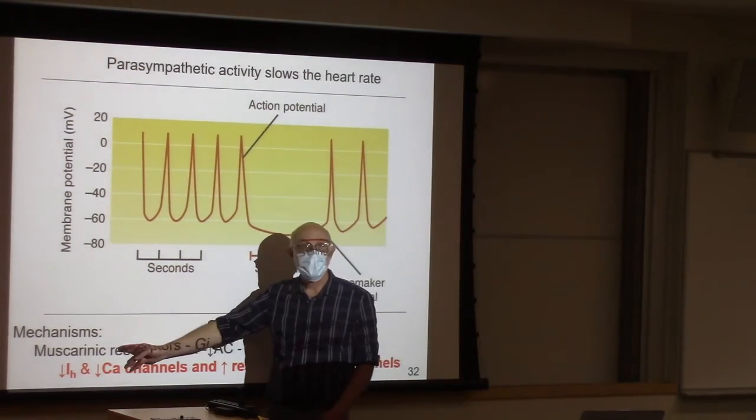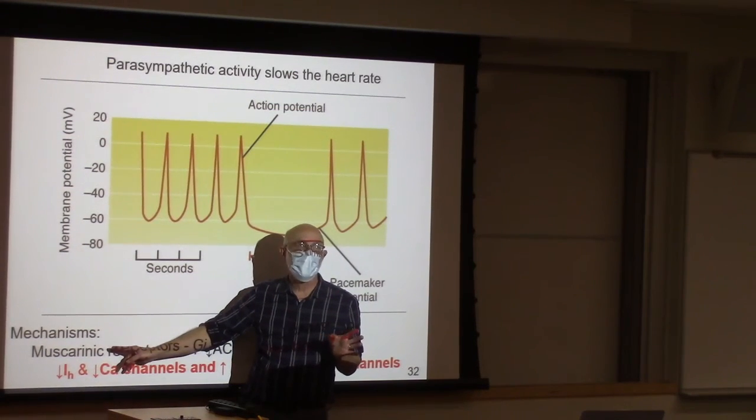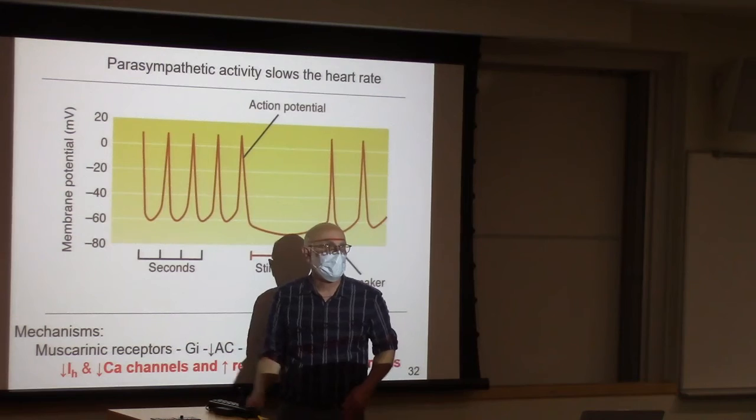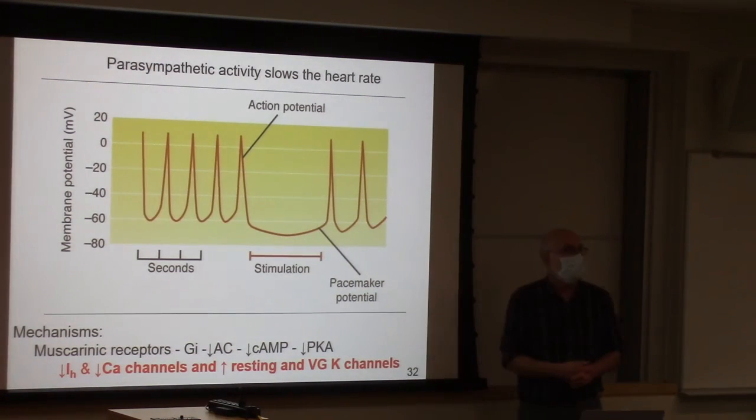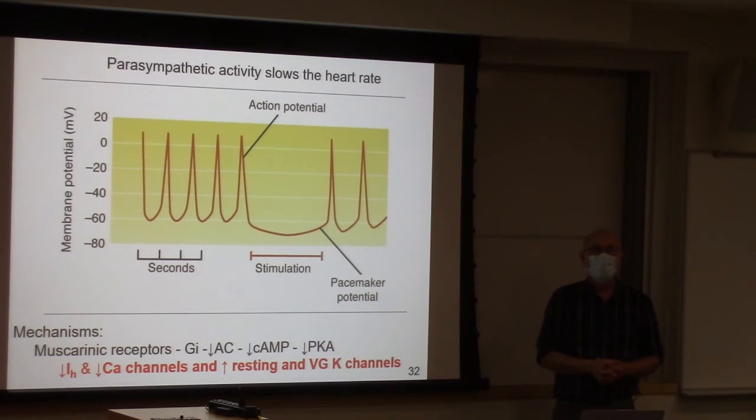The receptors for acetylcholine in this case are not the receptors at the neuromuscular junction, but are muscarinic receptors. That's a name I want you to know. Why muscarinic? It's a pharmacology name.